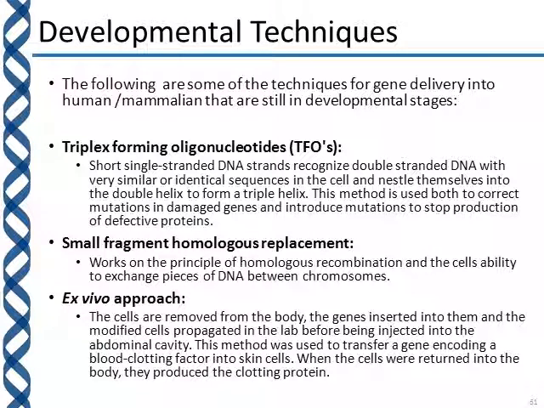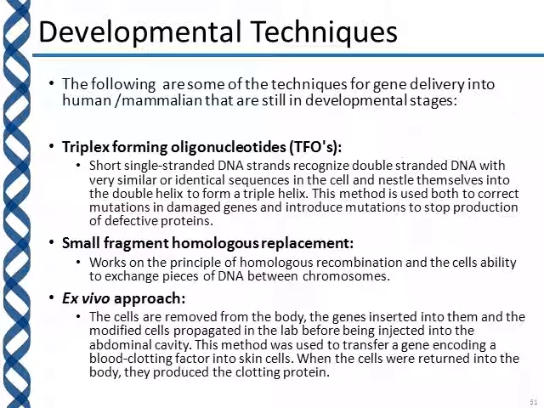This method is used both to correct mutations in damaged genes and to introduce mutations to stop the production of defective proteins. There is small fragment homologous replacement. This works on the principle of homologous recombination and the cell's ability to exchange pieces of DNA between chromosomes.